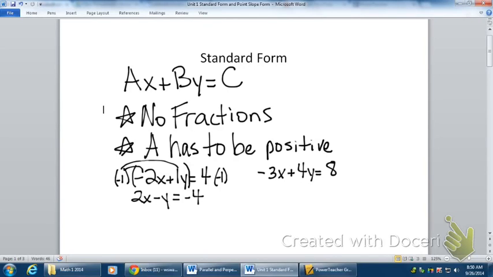So you need to multiply both sides times negative 1. The easiest shortcut way is you're pretty much just going to flip each sign. That's essentially what you're doing anyway. So just flip each sign. That's all you have to do.